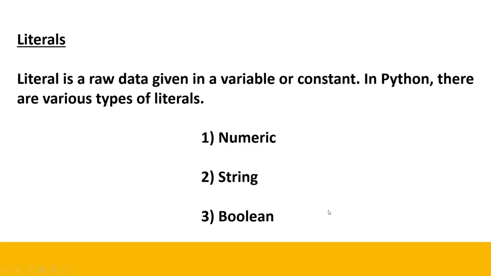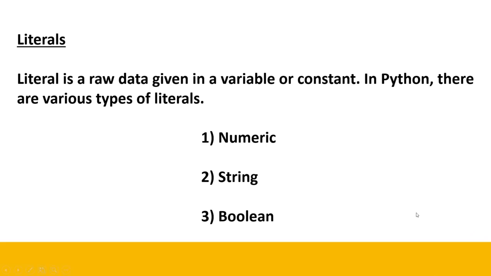Literals. A literal is raw data given in a variable or constant. In Python, there are various types of literals: numeric, string, and boolean. Literals are nothing but the data given in a variable or a constant.